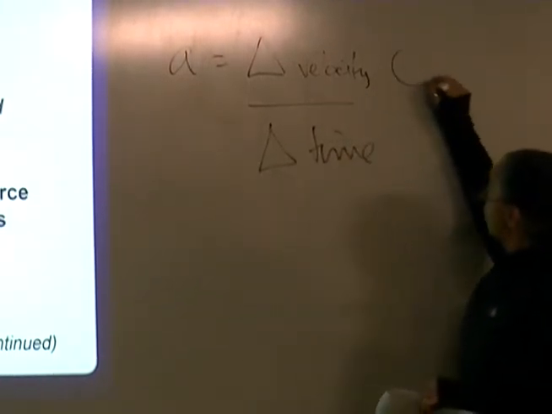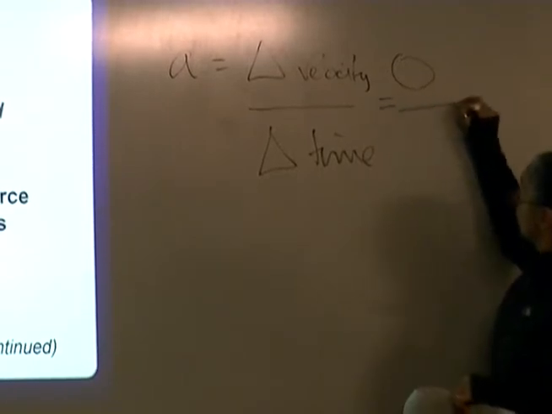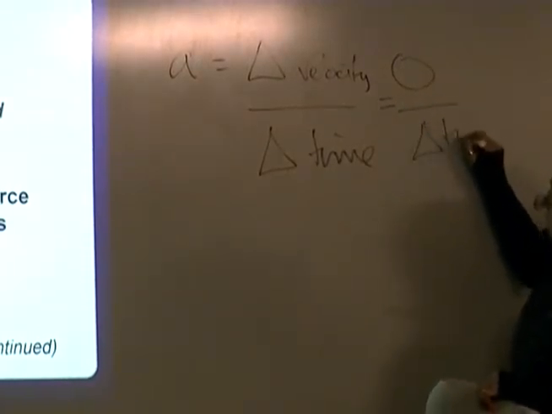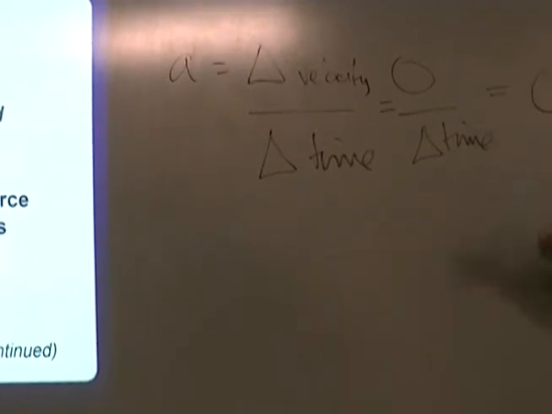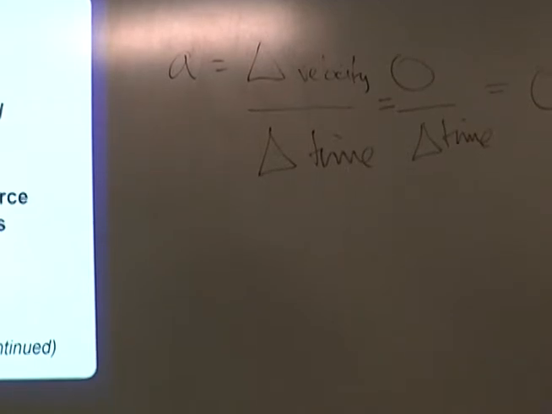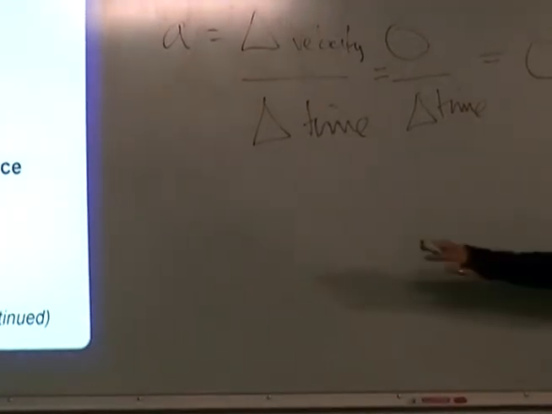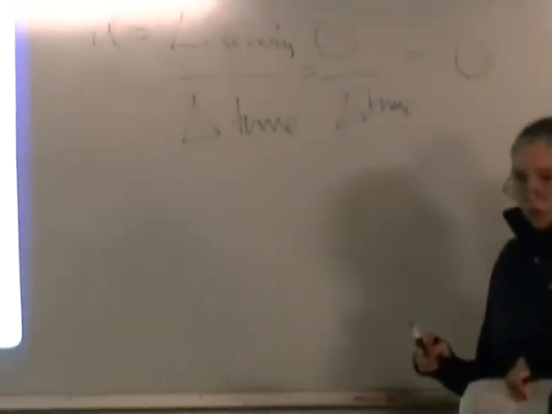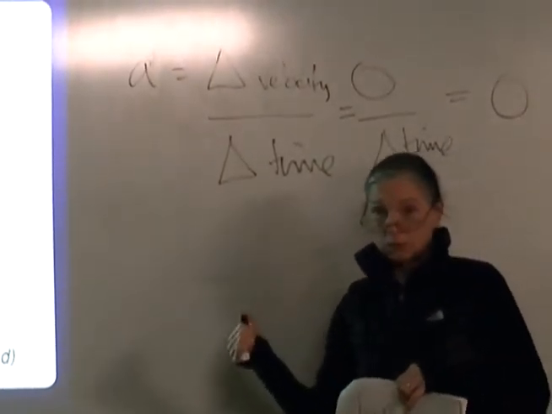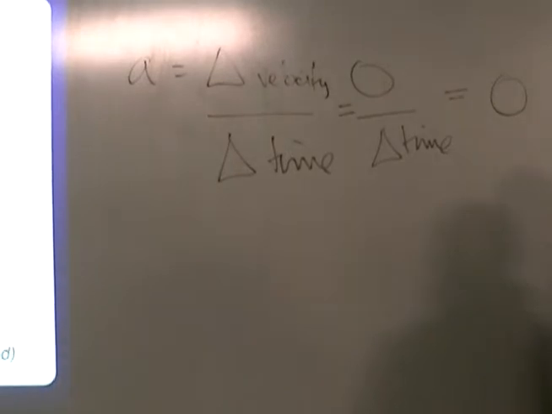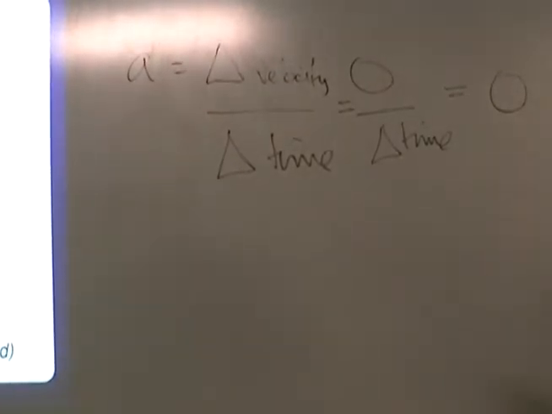So this would be 0. Doesn't matter what this is. What does A equal? 0. So A is always 0 if I'm at constant velocity. Sometimes that makes life a lot easier because that's one thing I can take out of the equation.